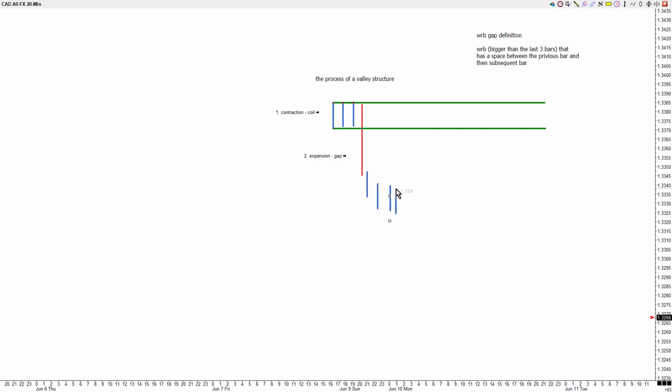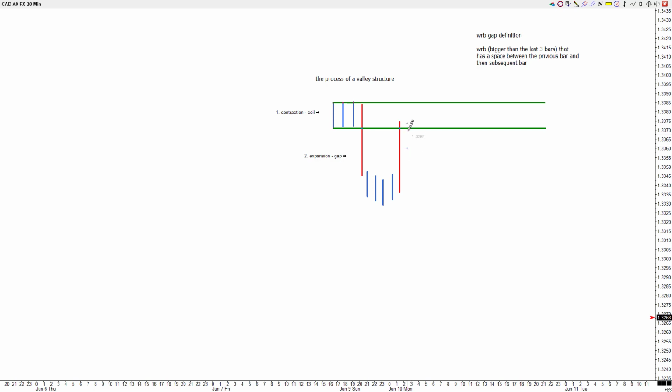And then at some point, you'll see price stall again. And from here, in this part of the process, price has a choice. So from here, it doesn't have to be a valley if it doesn't want to, okay? Right here, we can expand again, or we can expand up, right? We can expand, continue, see, expand, contract, or we can expand up.